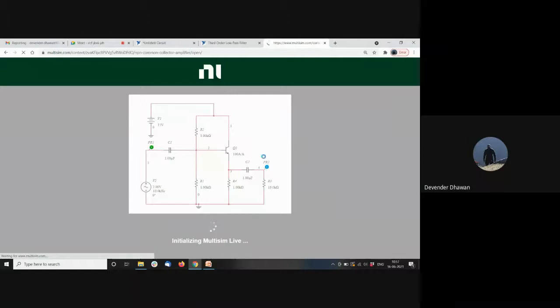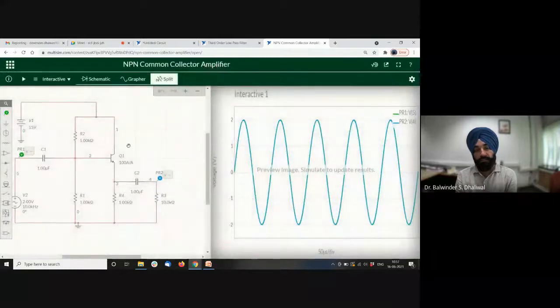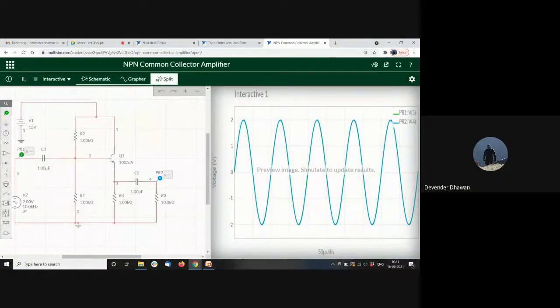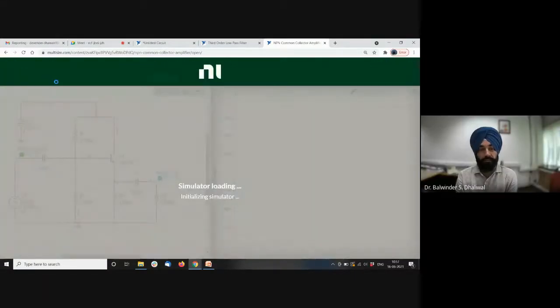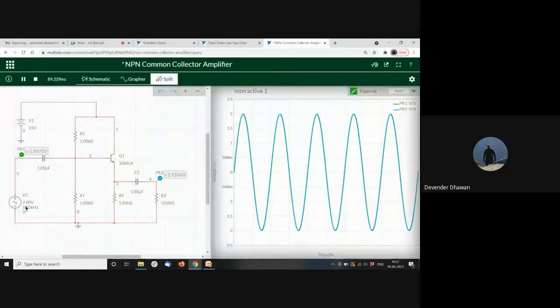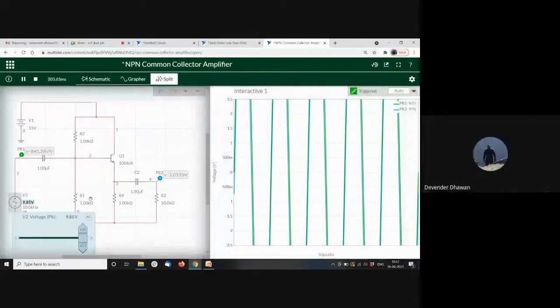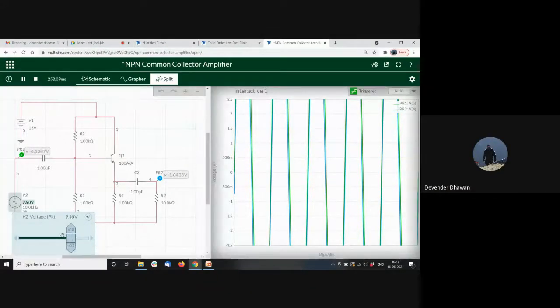Okay, so this is a common collector circuit. If I run it, you can see if I increase the frequency, the input is, oh, sorry, this is voltage.